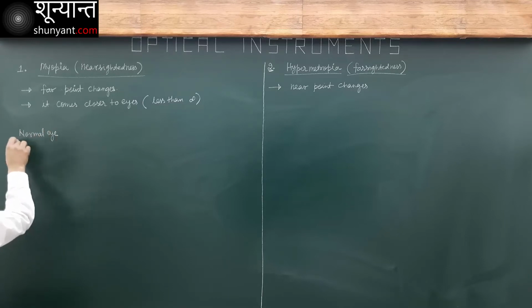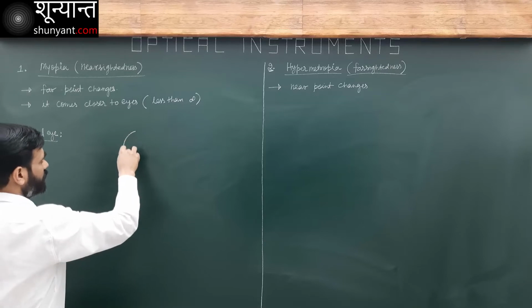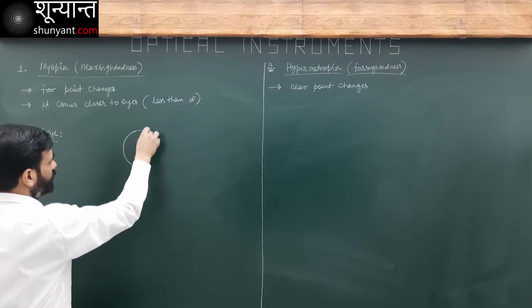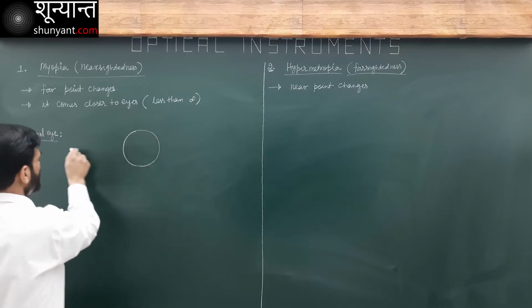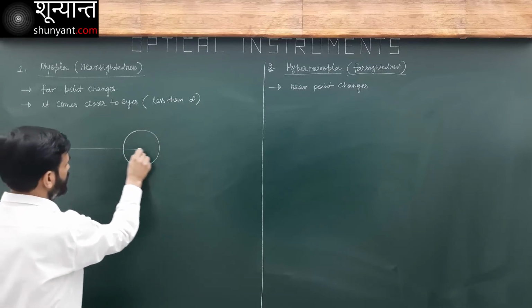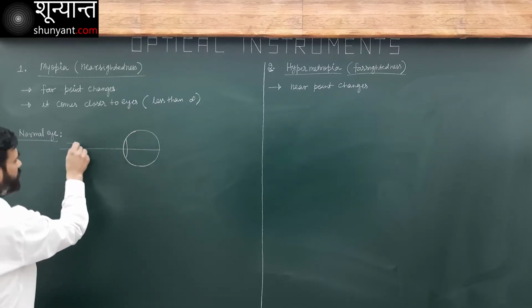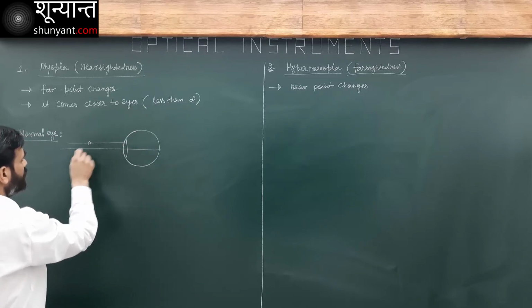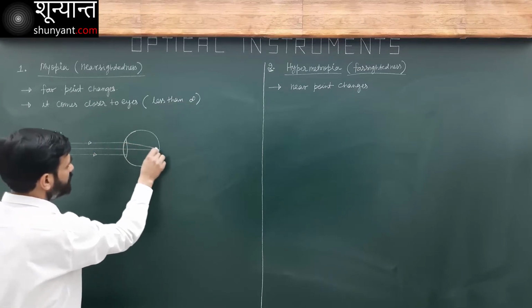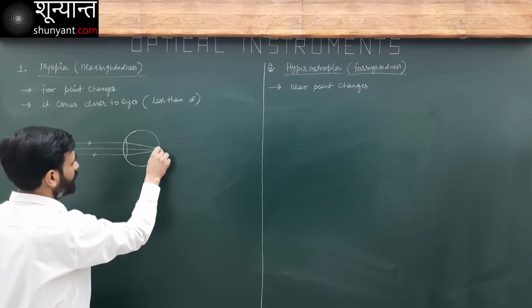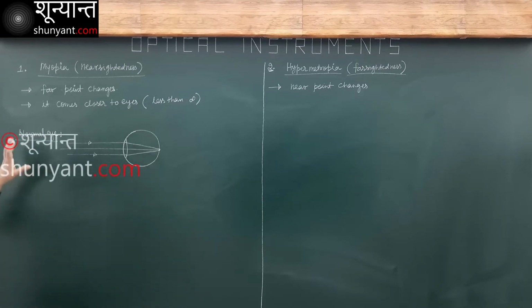Now, in case of normal eye, this is my lens. The object is at infinity. If the object is at infinity, I get my image right here at the retina, and then I can see it. Normal eye.